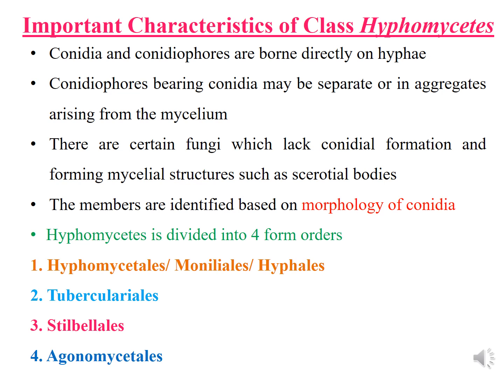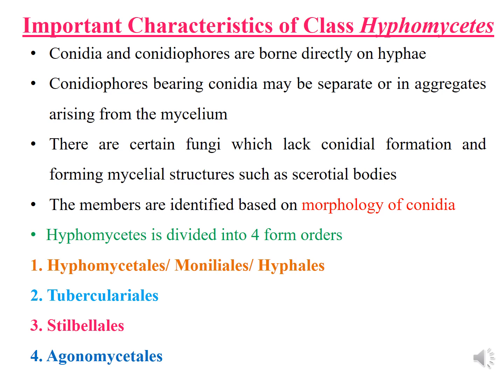There are certain fungi which lack conidia, which we will discuss in later slides, and they form mycelial structures, such as sclerotial bodies. Regarding sclerotia, I explained in my initial classes, the introduction to mycology, so just go and refer to those classes.